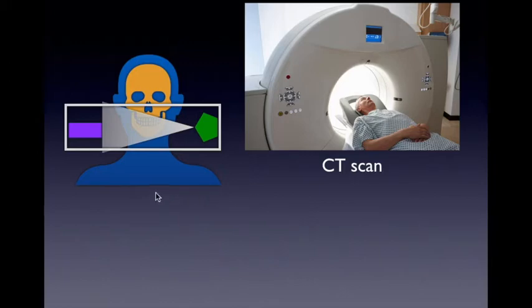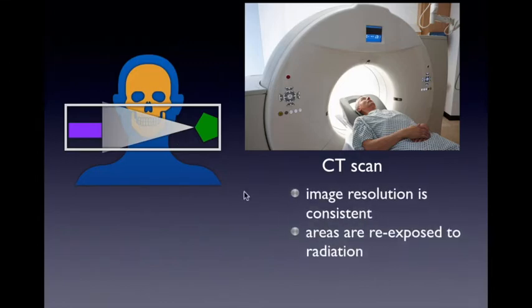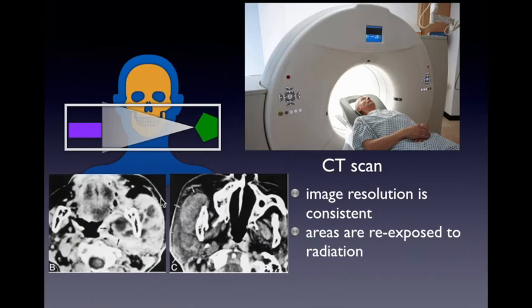And what happens is the patient moves and is being reshot in order to get a three-dimensional series of slices of, in this case, the patient's head. And what this does is it produces a consistent image that you would see on your patient.